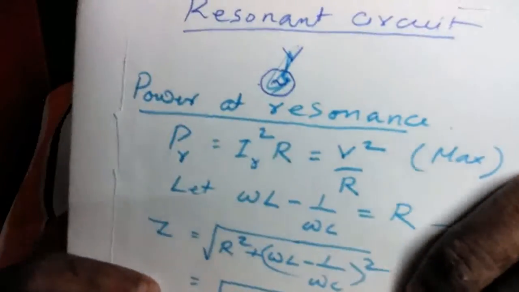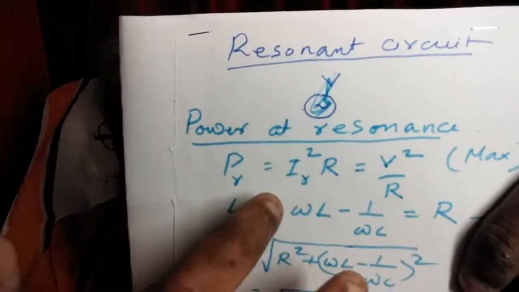So phi is 0. So power factor is cos 0, which is 1. So it absorbs maximum power because it behaves like a resistive circuit and power factor is 1. Now power consumed at resonance, PR equals I square into R. In effect, the circuit behaves like a resistive circuit, so power consumed is mainly caused by the resistance in the circuit.